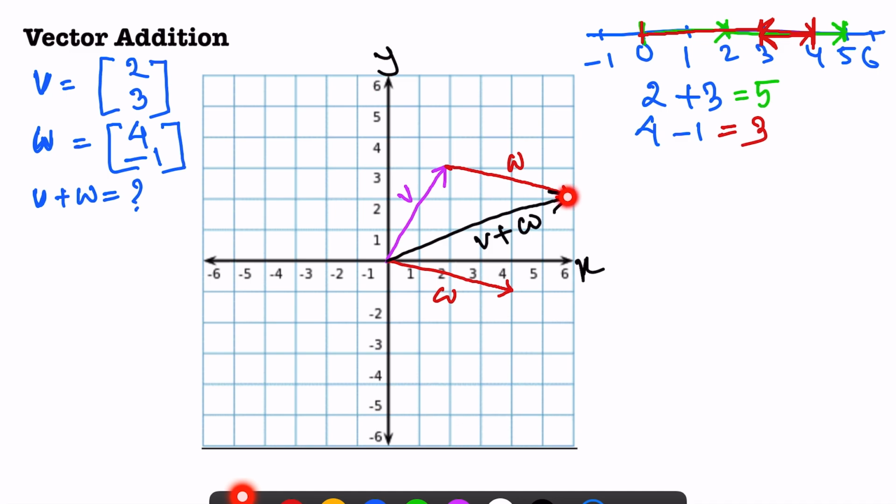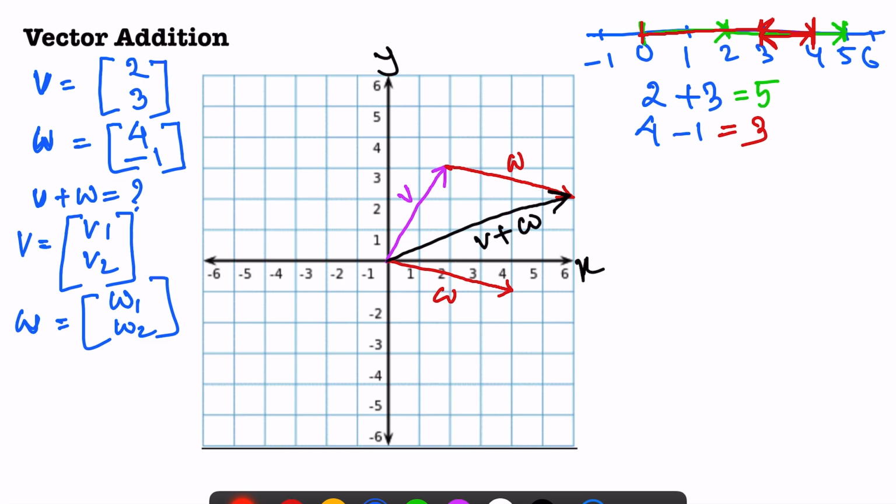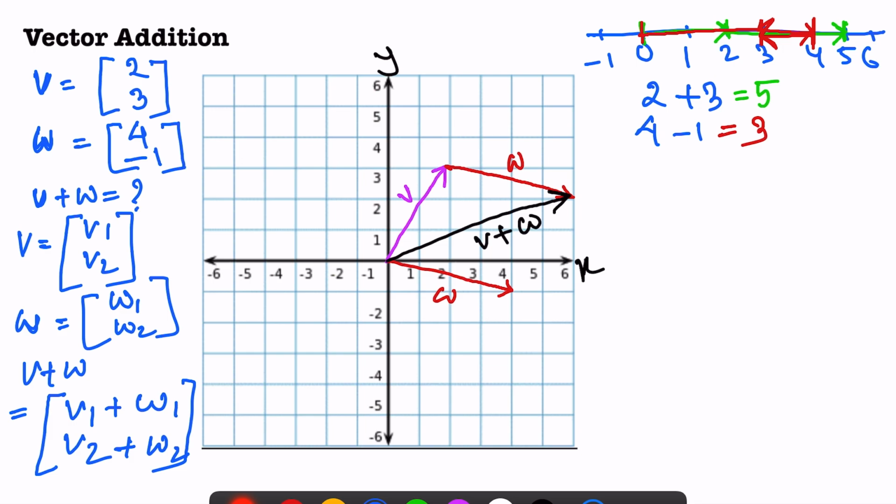Then also we'll reach the same target. So we can write it in this way. If we have a vector v, that is v1, v2, and w, that is w1, w2, then v plus w can be written as v1 plus w1, that is for all the x updates, then v2 plus w2, that is for all the y updates.